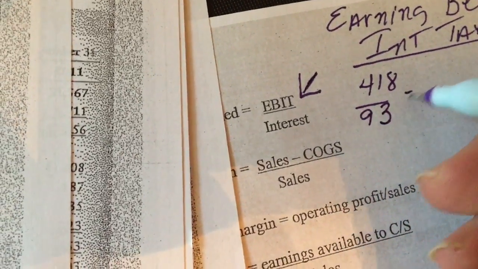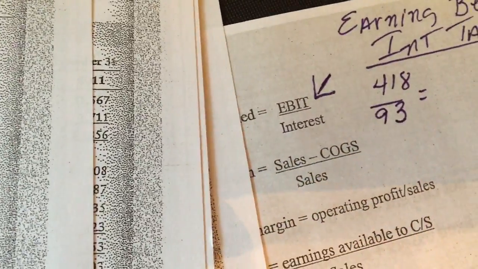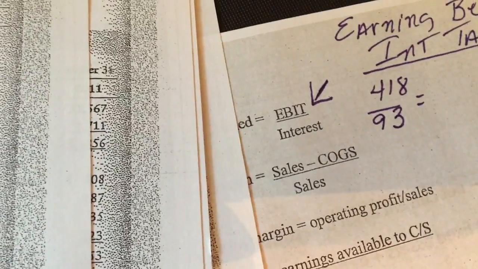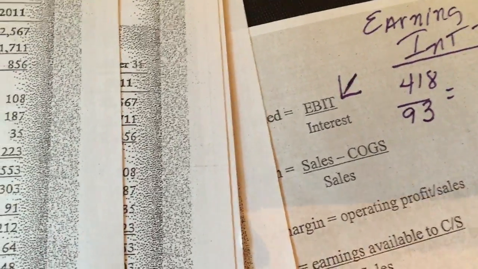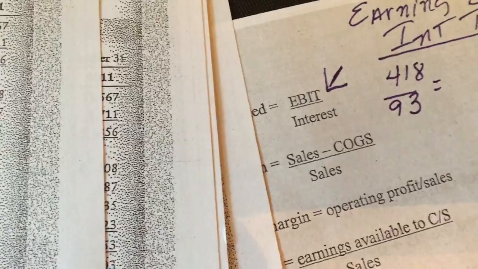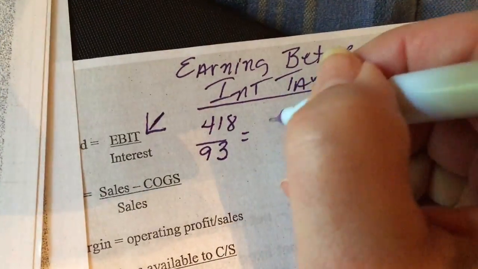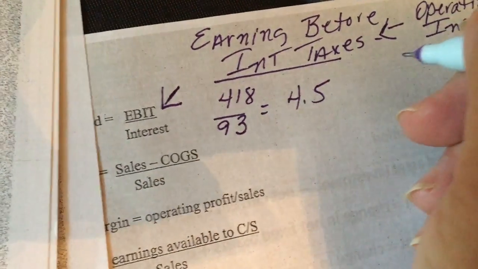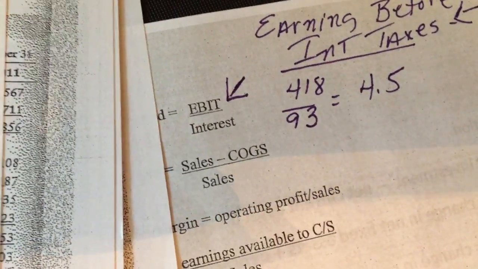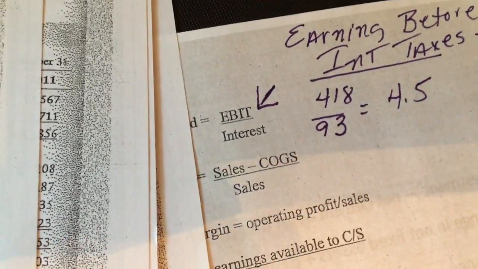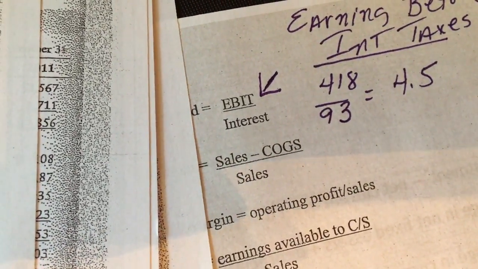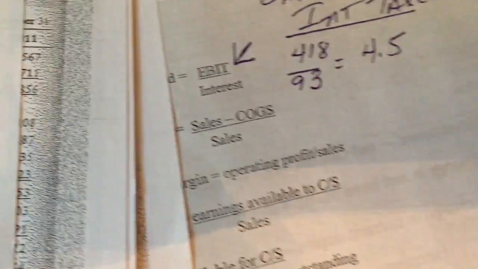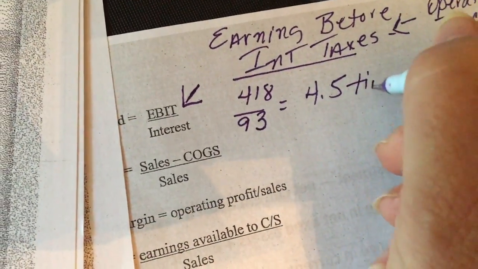418 divided by 93 is going to be 4.5. Okay, 4.5, and I believe we expressed that one in terms of times. They don't really say, but I think this is a times situation.